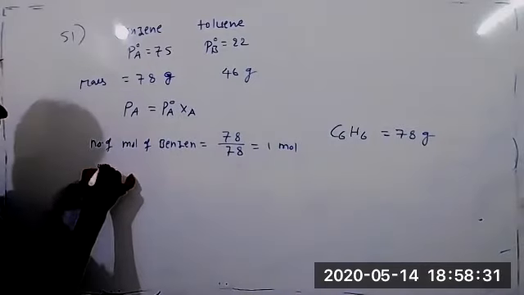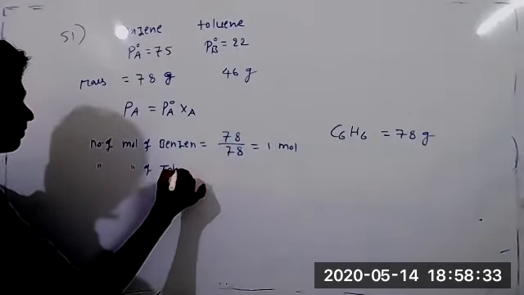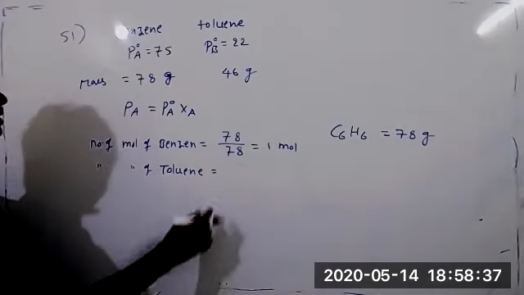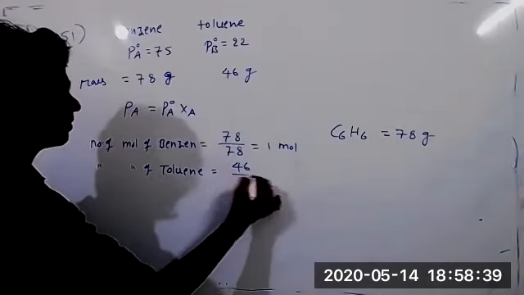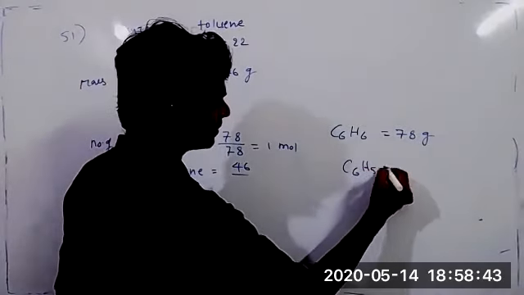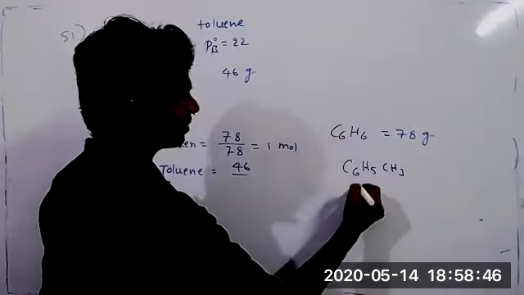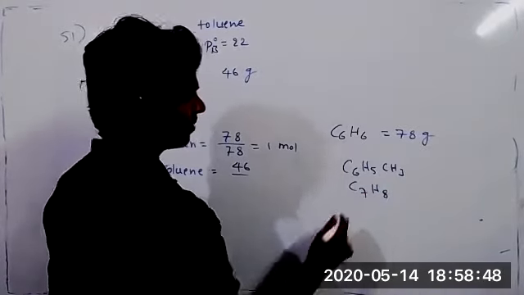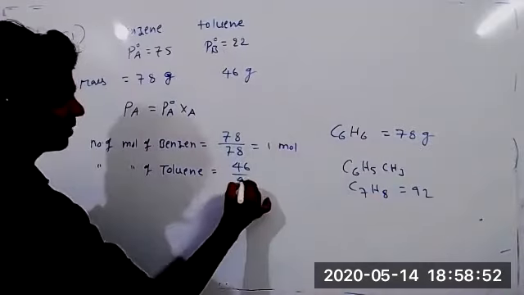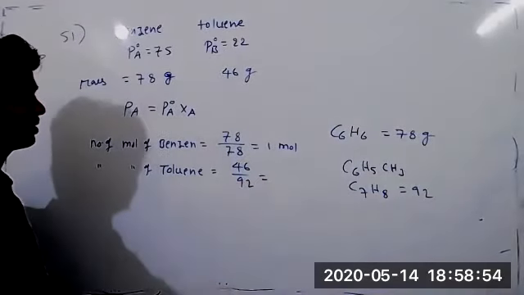Next, number of moles of toluene. Toluene mass is 46. Molar mass of toluene, this is C6H5 plus CH3, so C7H8, 92. This is how much? 0.5.